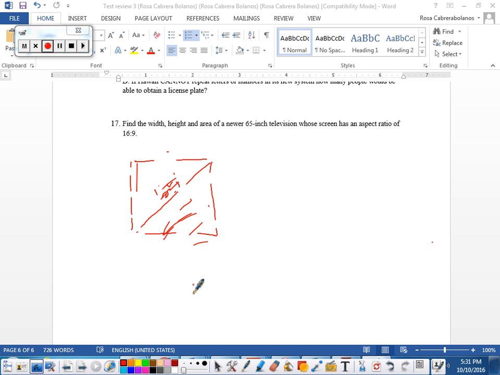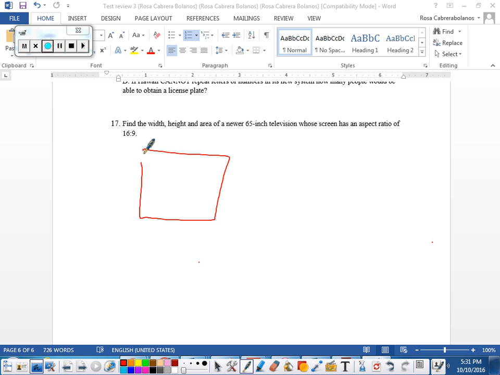And the pen is not behaving. Oh, there it is, it's back. Okay, so let's try it again, finally. And it has a 65-inch. They're telling you that the aspect ratio is 16 to 9.